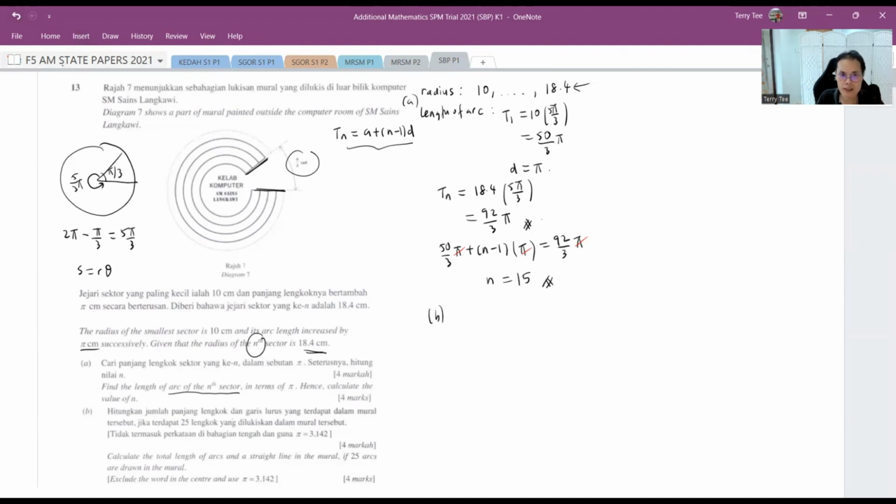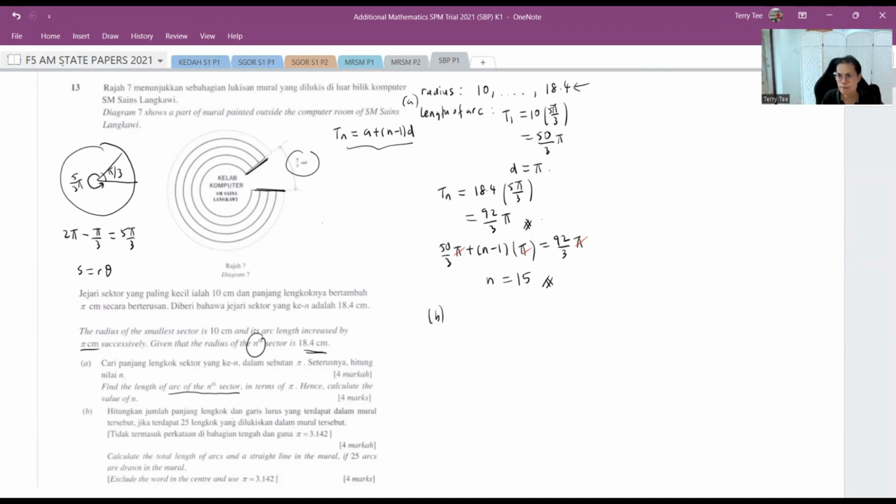Now to find the length of the straight line, we need to know the difference between the longest and the shortest radius, right? And there are 25 arcs. So we need to know the radius of the 25th, the length of the 25th radius.